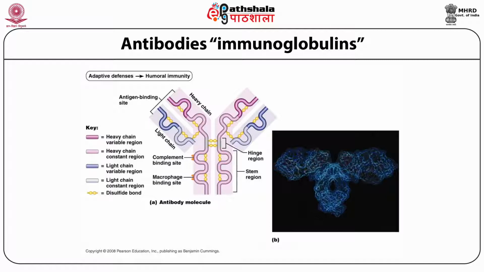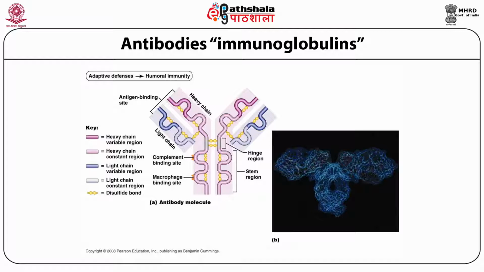Antibodies are glycoproteins containing two light chains and two heavy chains, and they look like a Y-shaped molecule, and the antigen binds at a specific site of the immunoglobulin molecule.